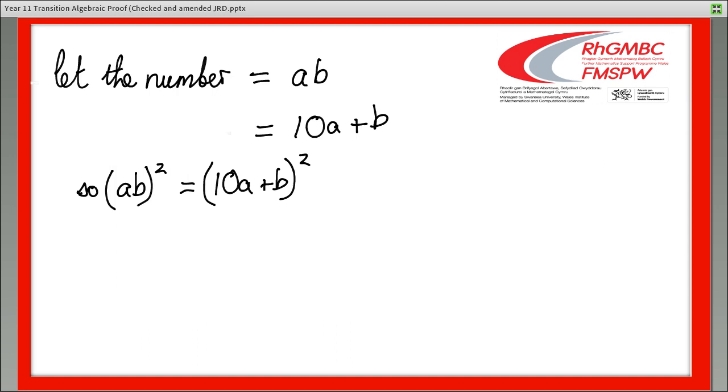So from the work you've done at GCSE, you square the first, 100A squared, you multiply the two things together, 10AB, and double it. So that will give you plus 20AB. And then finally, plus B squared.